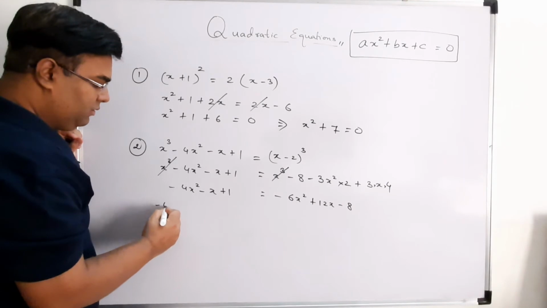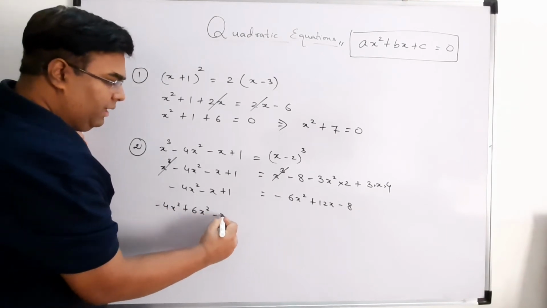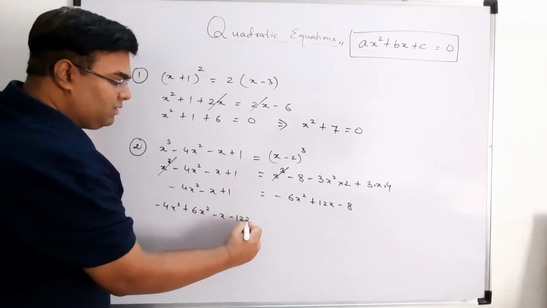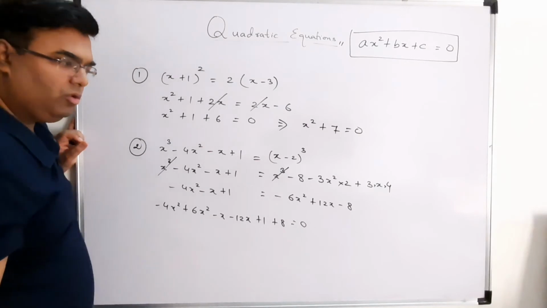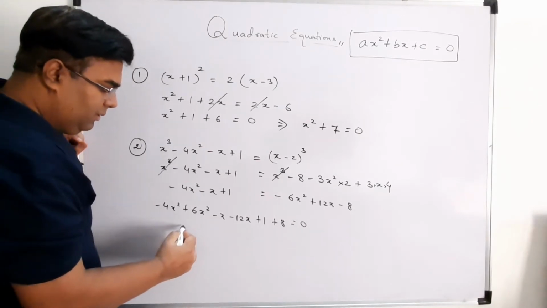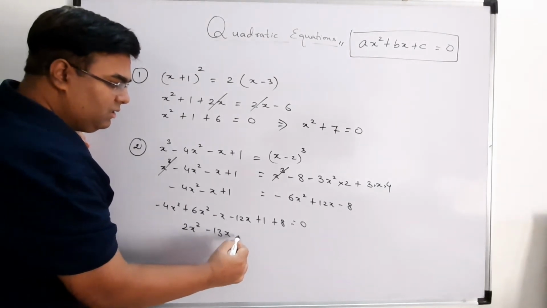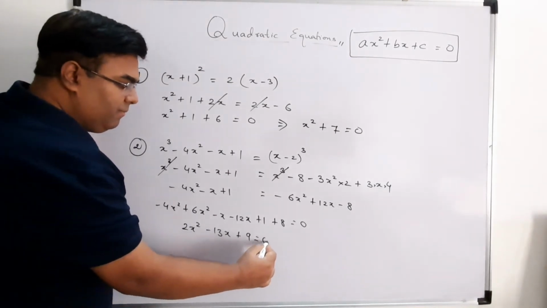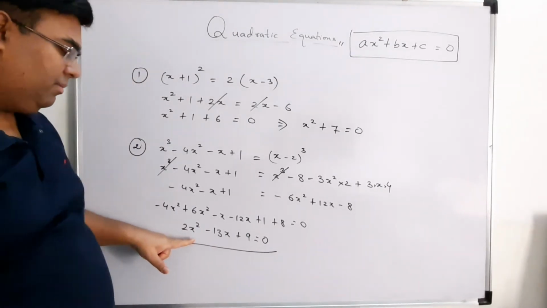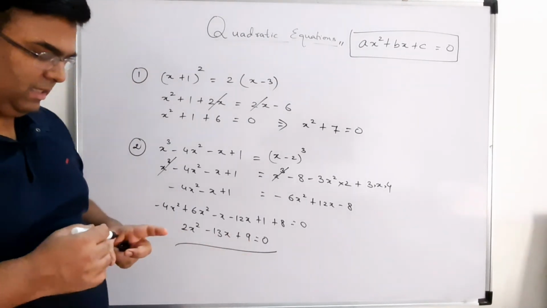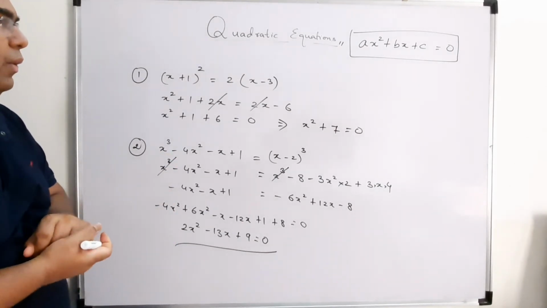It will give minus 4x square plus 6x square minus x minus 12x plus 1 plus 8 is equal to 0. It will be 2x square minus 13x plus 9. Now it is of the form ax square plus bx plus c. So we can say this is also our quadratic equation.